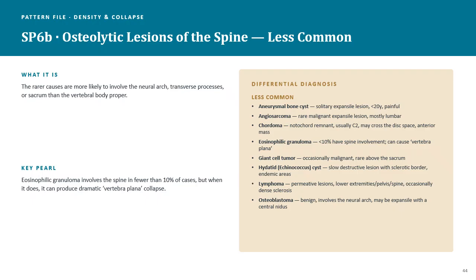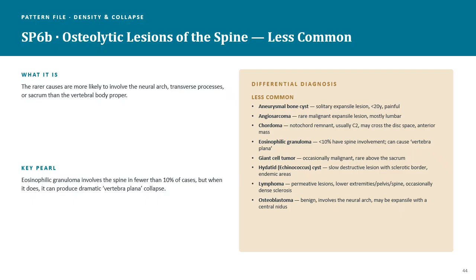Osteoblastomas are also benign, commonly involve the posterior portions of the vertebrae, and can look very expansive, very large, as they continue to grow. Giant cell tumors are another destructive lesion the patient can have. In the spine, they have a tendency to involve the sacrum.